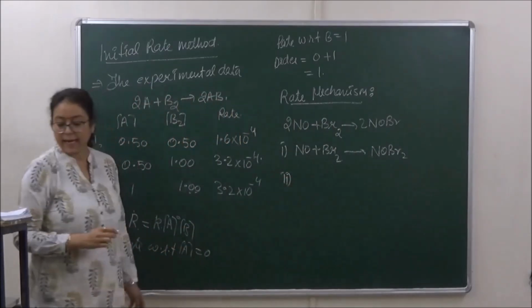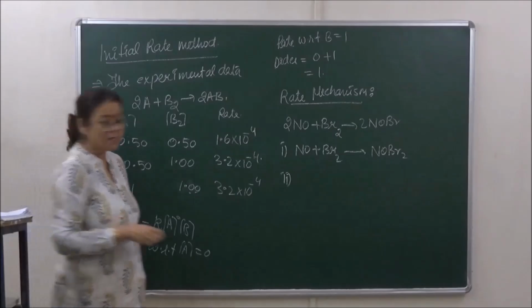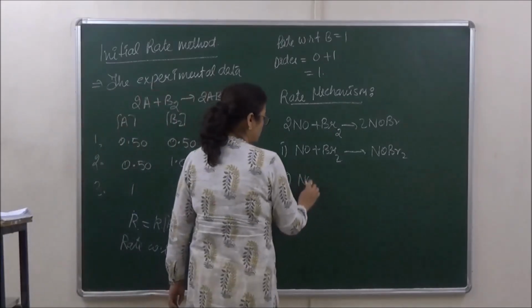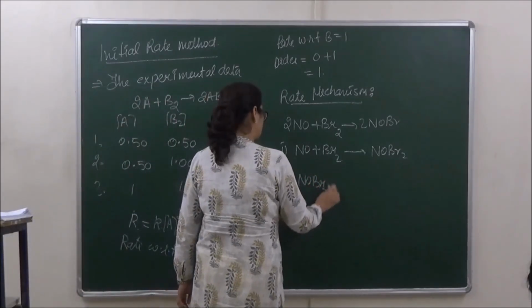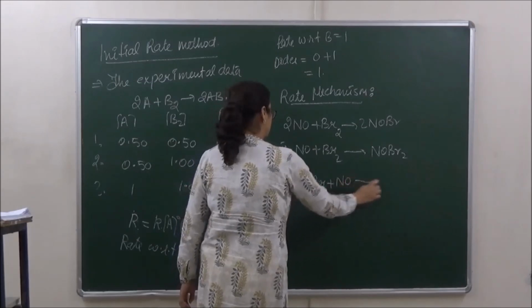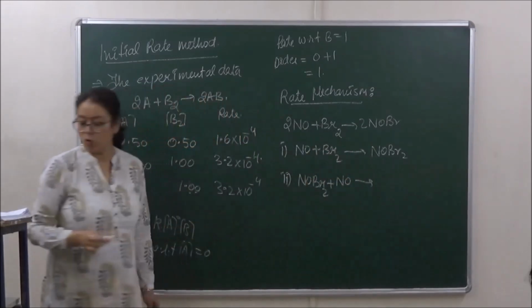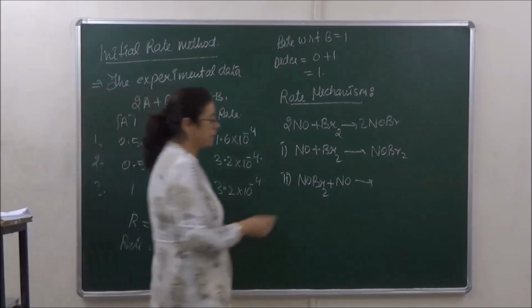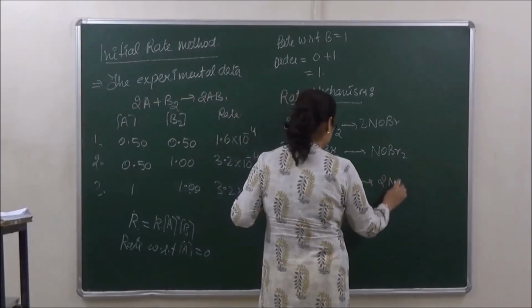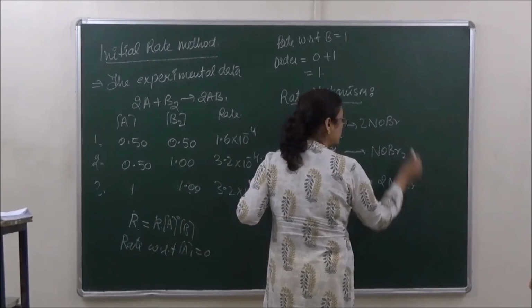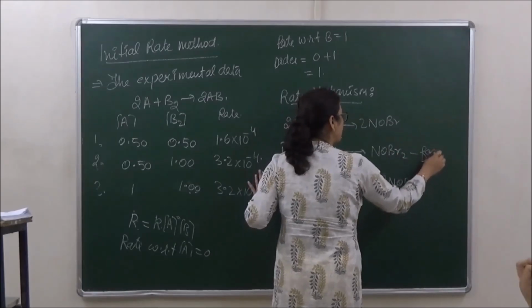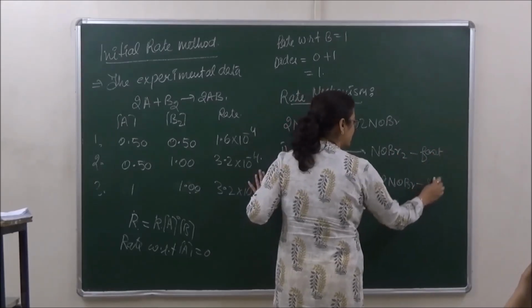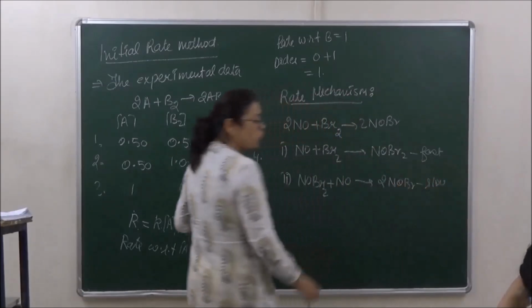Okay? And in the second step it is NOBr2 plus NO to give us 2NOBr. This is a fast reaction and this is a slow reaction.